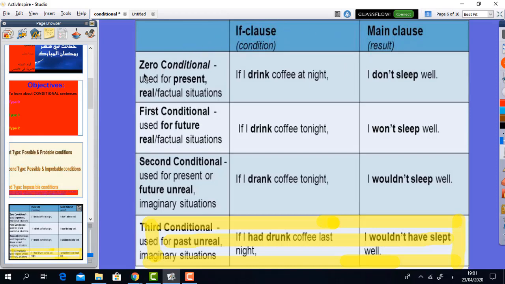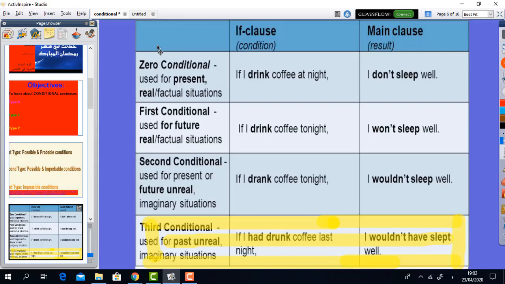So when to use zero conditional or conditional type 0? We use it for present and real factual situations or conditions. Here we are talking generally about evident conditions which result in 100% true actions.